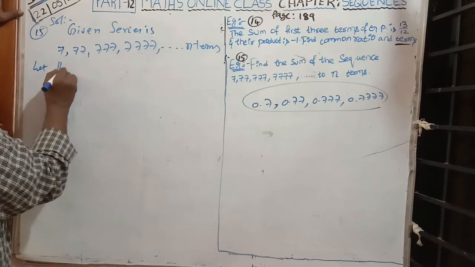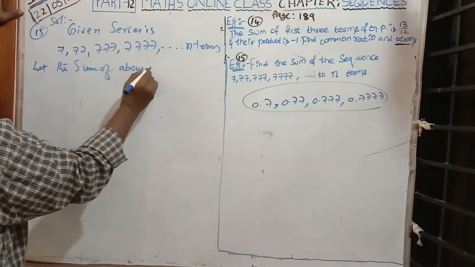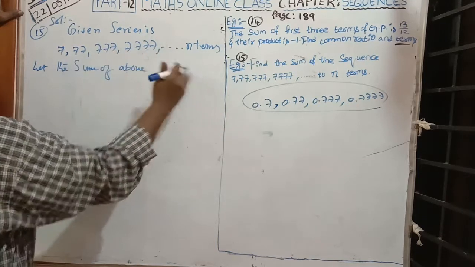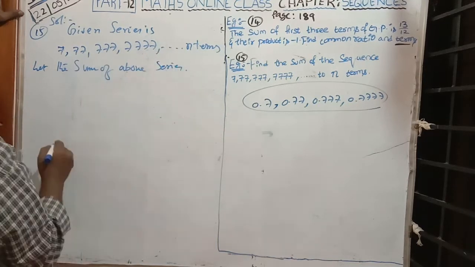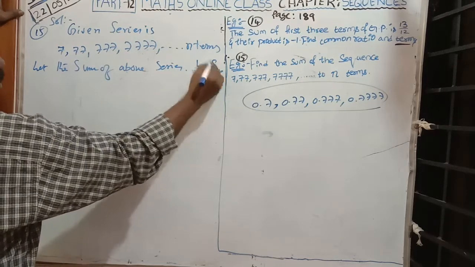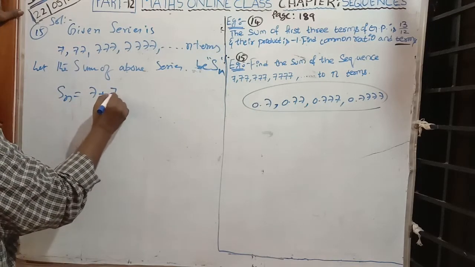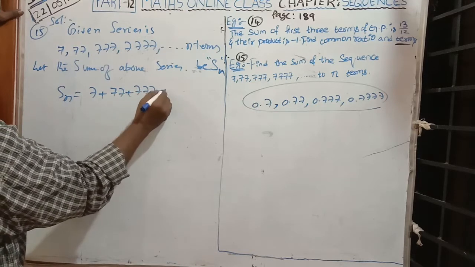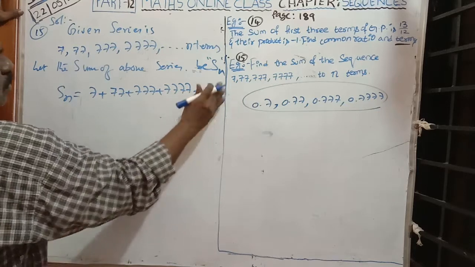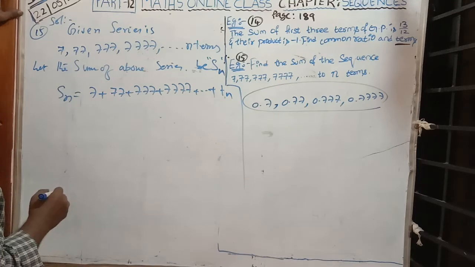Let the sum of the above sequence or series, we take Sn. Sn is equal to 7 plus 77 plus 777 plus 7777 plus dash up to the Tn, n terms.